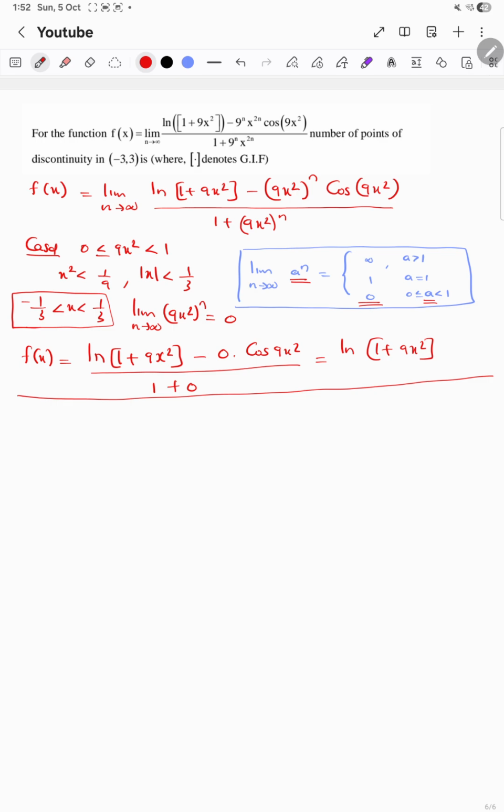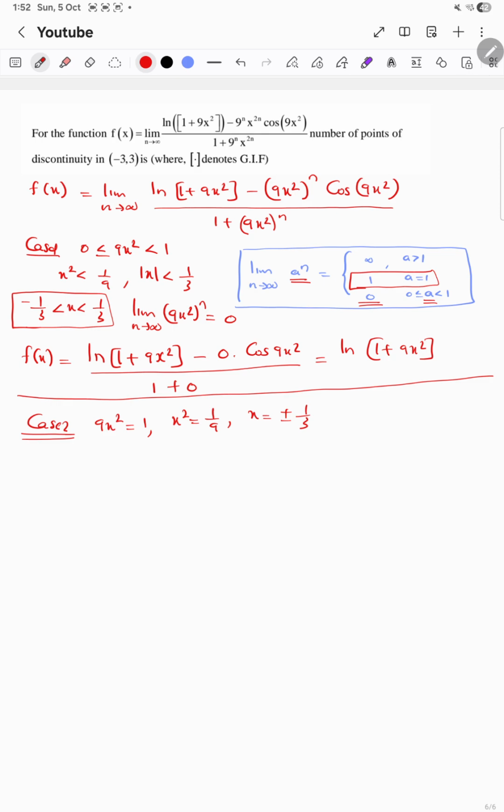Now case 2. What is case 2? I am going to take this one. Okay. So that one means a equal to 1. A means base is 1. What is the base here? 9x square. 9x square equal to 1 means x square equal to 1 by 9, x equal to plus or minus 1 by 3. Okay.